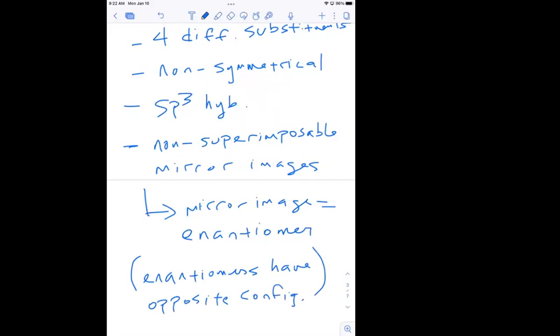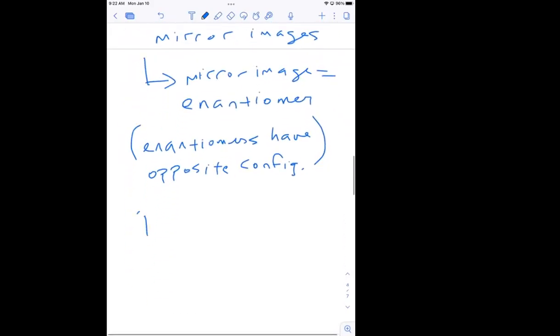Right? So every chiral center is going to have a specific configuration. The groups are going to be prioritized and oriented either clockwise or counterclockwise, or R or S, right? So let me mention that. And then we're going to discuss how to determine that.